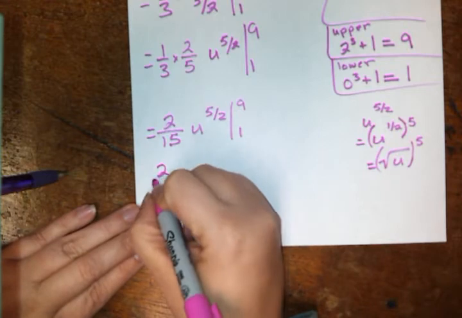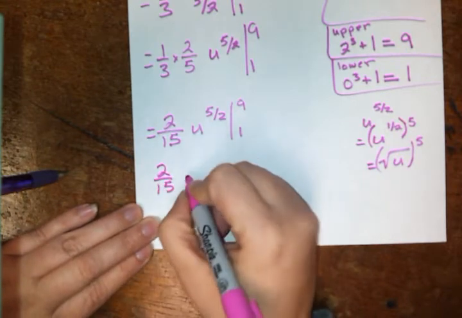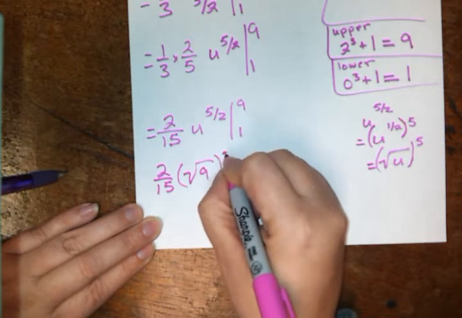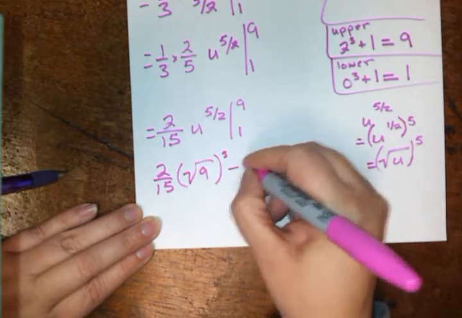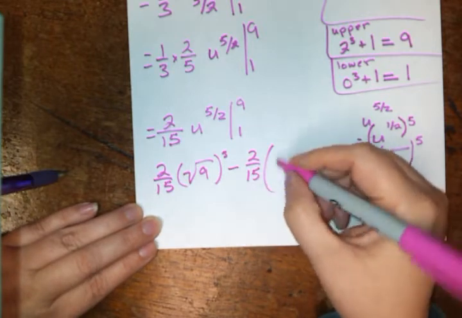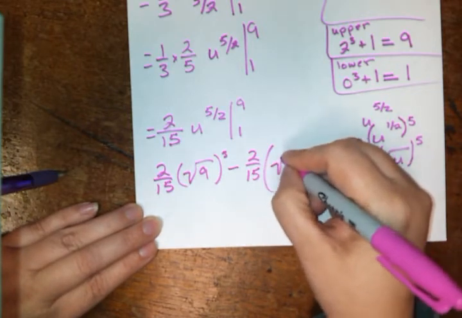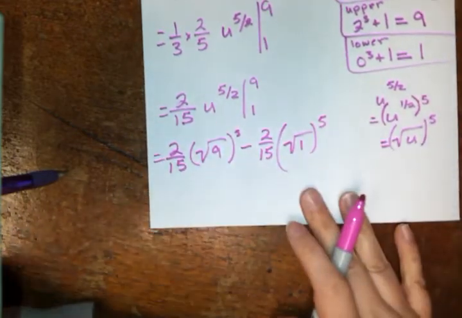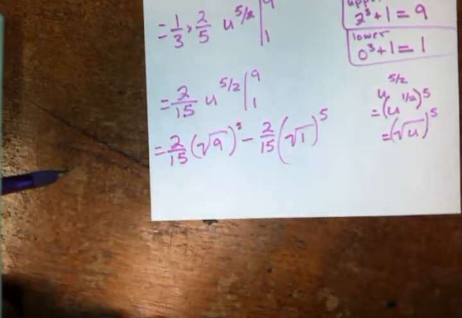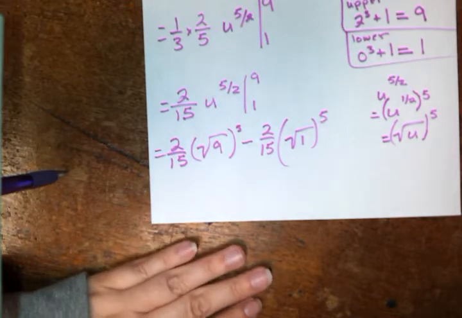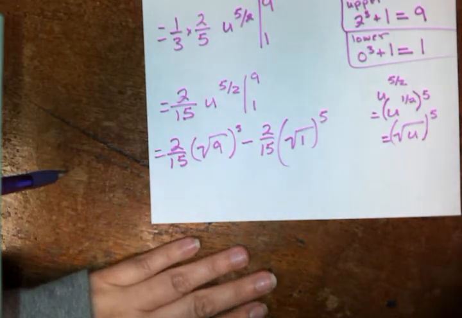So we've got 2/15 times the square root of 9 to the 5th power minus 2/15 times the square root of 1 to the 5th power. Okay? And at this point you can plug it into your calculator and figure it out. Let me make sure that I can remember what the square root of 9 to the 5th power is.